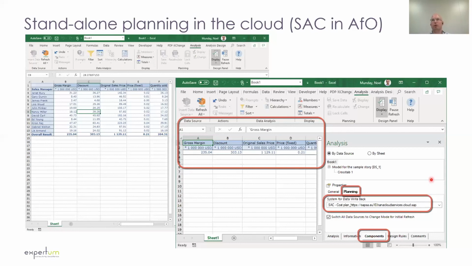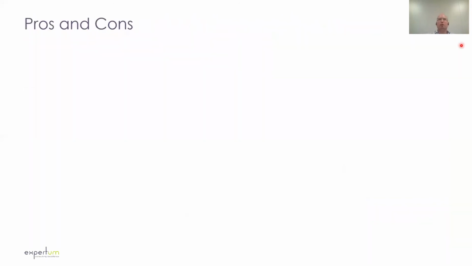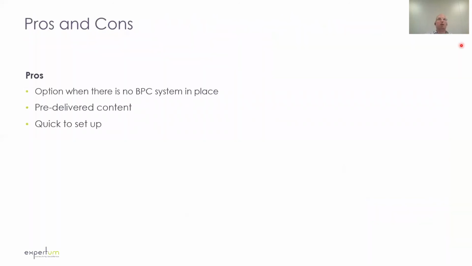So any data that you fill in and plan here and send back to the database will be sent to the cloud instead of to your BW system. Now, what are the pros and cons of that? It's a very good option if you do not have BPC.